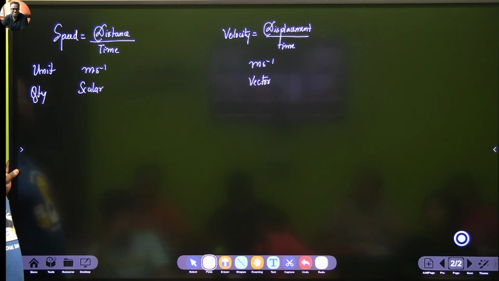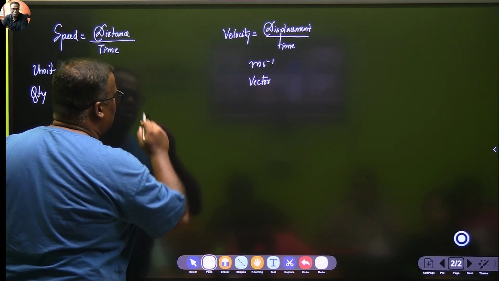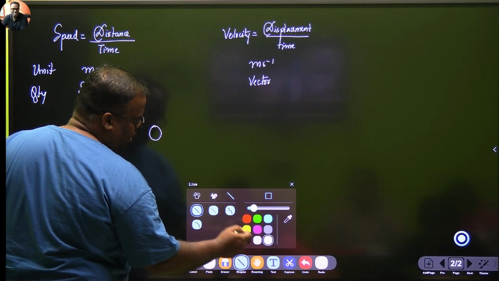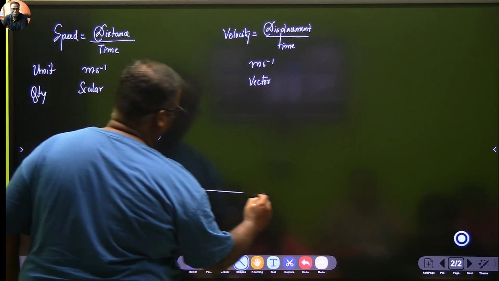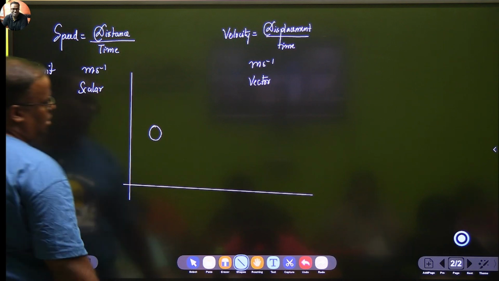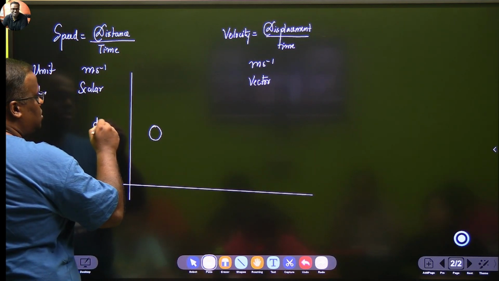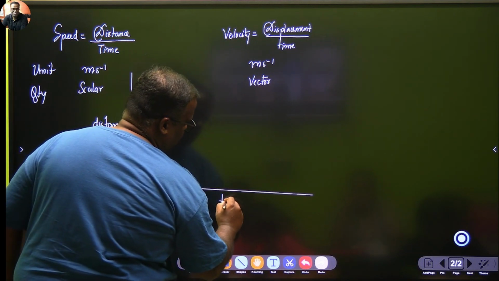What was distance? Distance was the actual length of the path traveled by a body, irrespective of its direction, right? So let's take an example that we have a body and the body is right now, let's say, on my frame of reference, right? Let's say I am measuring distance on this side and I'm measuring time on this side.